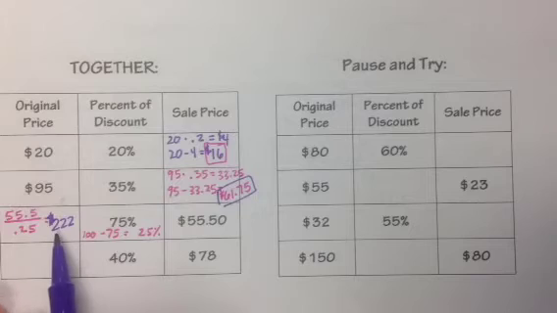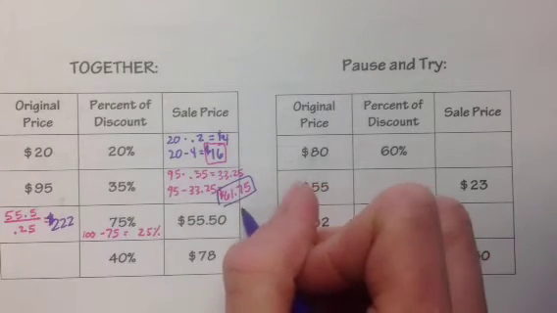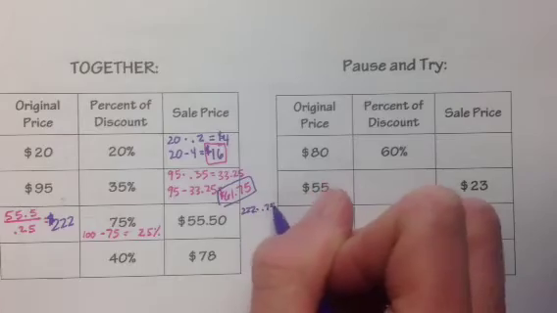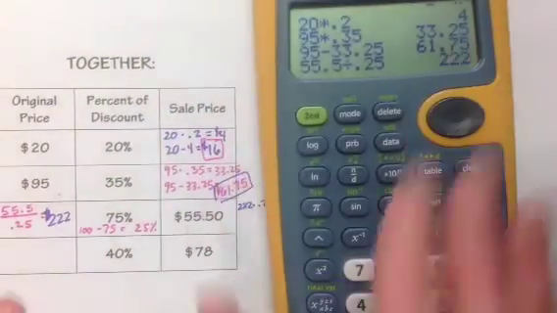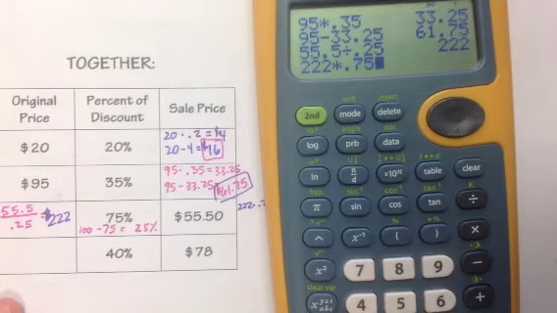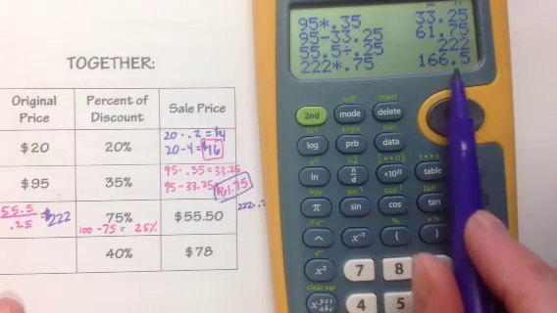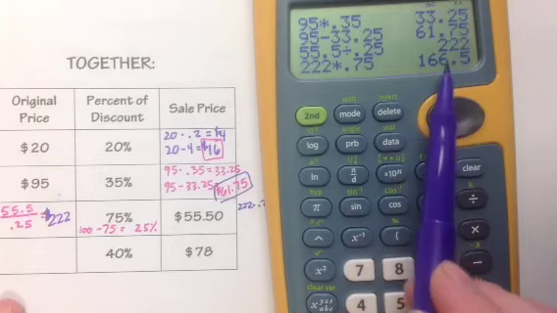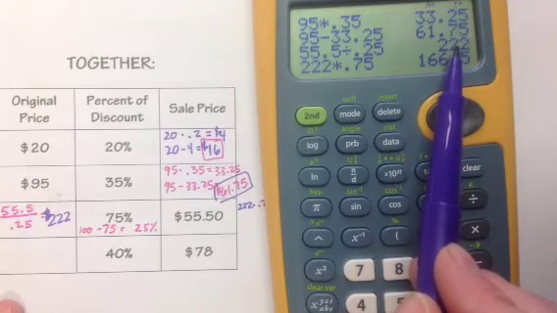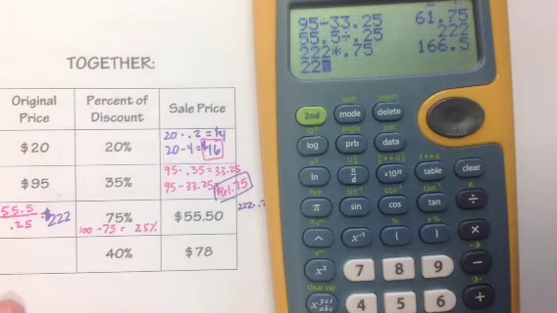So let's check and make sure we're correct. I'm going to take the 222 and multiply it by my 75%, so 0.75. Okay, so 222 times 0.75 is $166.50. Now remember, we like to subtract when we're talking about discounts, so I'm going to take the 222 and I'm now going to subtract my amount of discount.